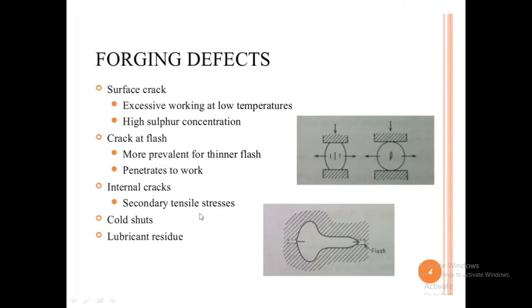Then internal cracks, caused by secondary tensile stresses, will also be present in a forging operation. Then cold shut is another defect in a forging operation.